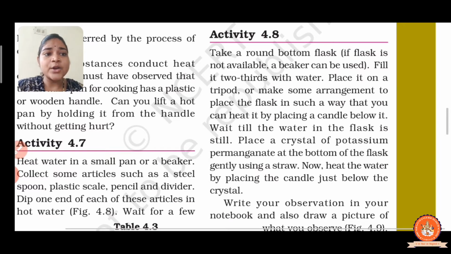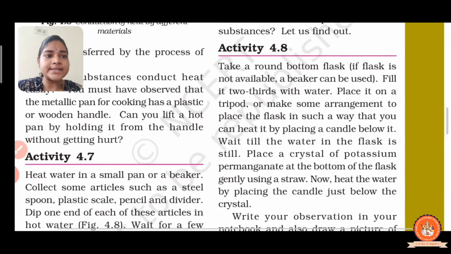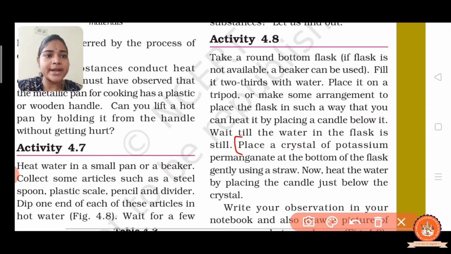Now after that, place a crystal of potassium permanganate at the bottom of the flask, gently using a straw. So with the help of a straw, place the potassium permanganate crystal at the bottom of the conical flask. Right?